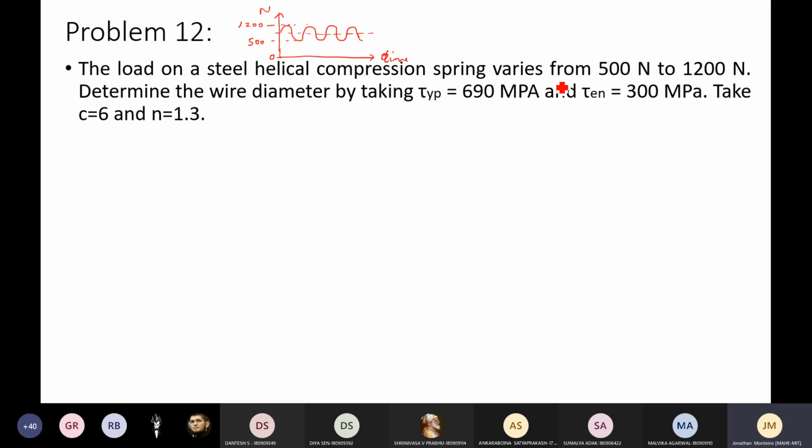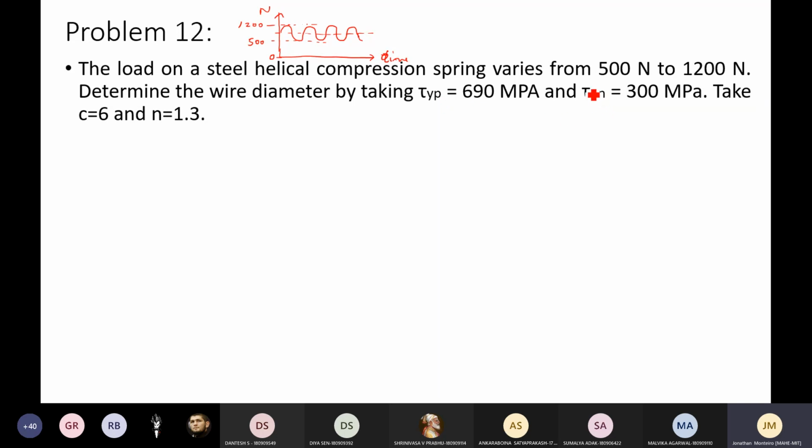To solve this problem, we have to take some equations which I have already used in the previous semester. That is, if you go to chapter 1, there are some equations where we discussed what if there is a varying load, and also what is the relationship between tau yp and tau endurance. We have understood what endurance limit is also.